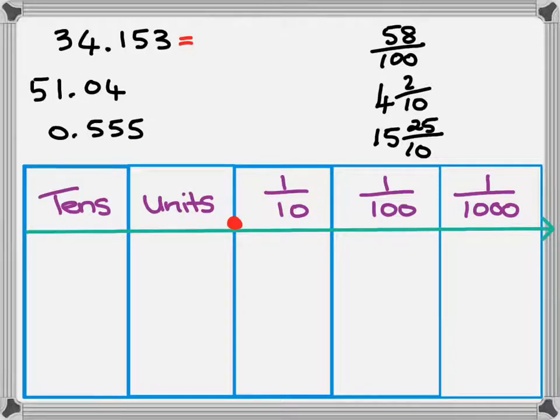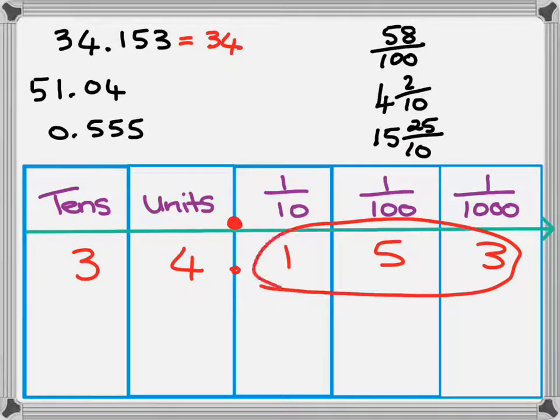First thing we're going to do is we're going to write 34.153 down here. So the best way to make it into a mixed number is to take the whole numbers, which is these 2 here, to write them as a whole number, 34, and then to take the fractional part and to write it as a fraction, which is the part after the decimal point.